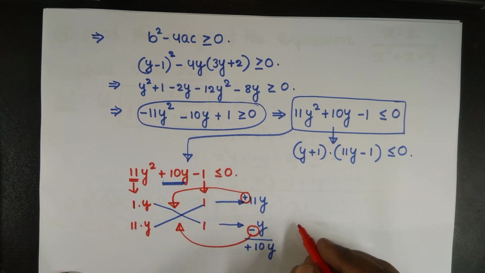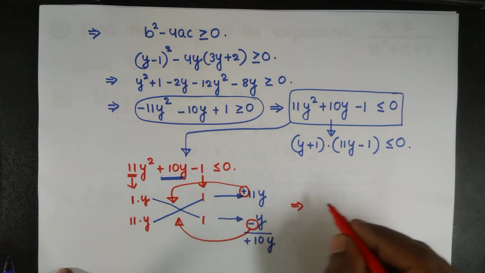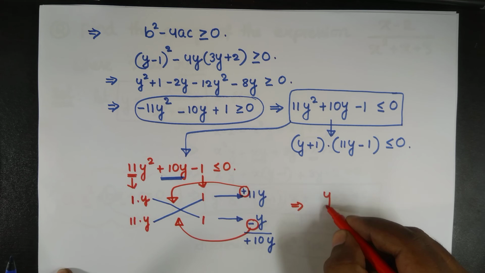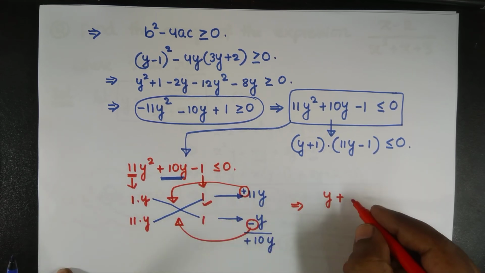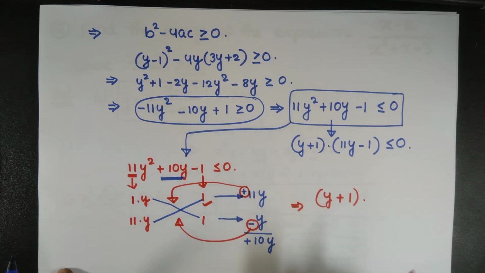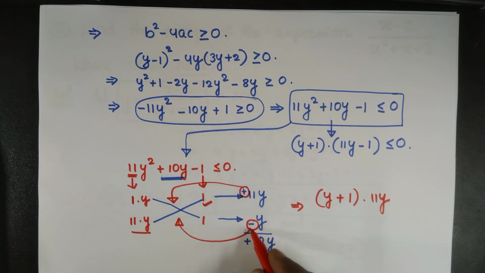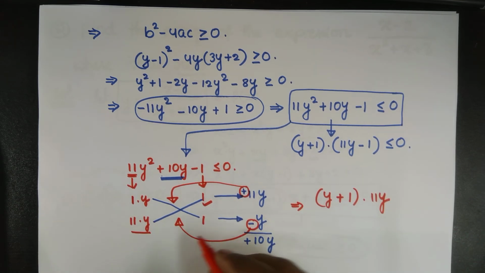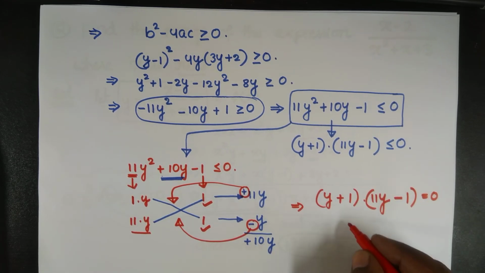Okay, so now what you get from this? Now the answer is 1 into y, that is y plus this one, okay, multiplied by 11y, see this minus we kept all the way here, so 11y minus this one is equal to 0. That's it.